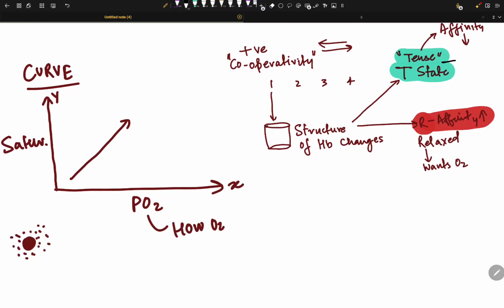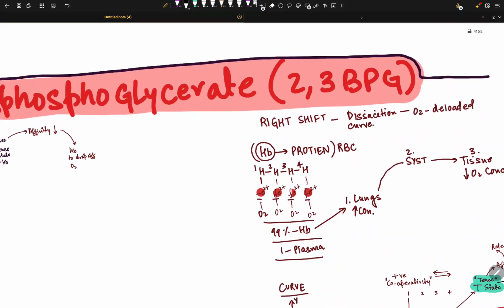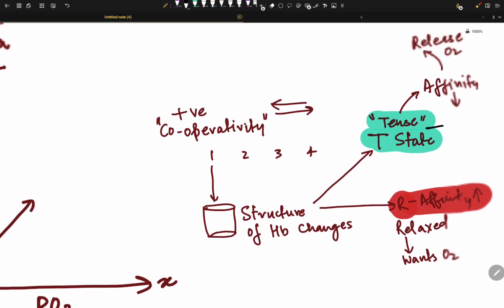So let me introduce you to a new character. It's called 2,3 BPG. Now where does it bind to? It doesn't bind to oxygen, does not bind to iron, doesn't bind to heme either. The thing that 2,3 BPG binds to is, wait, let me write it.